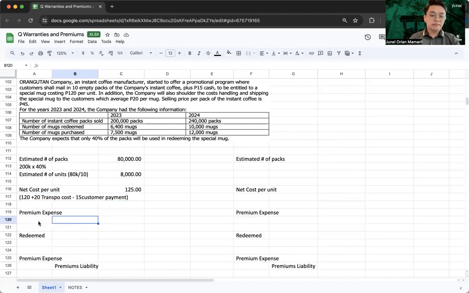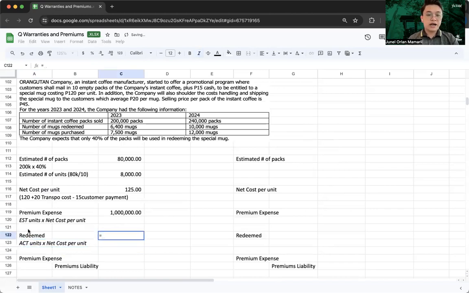Okay. So for our premium expense, that would be our estimated unit multiplied by the net cost per unit. So that would be 8,000 times 125. For our redeem, halos parehas, pero actual instead of estimate. So our actual unit, redeem, hindi purchase, no?